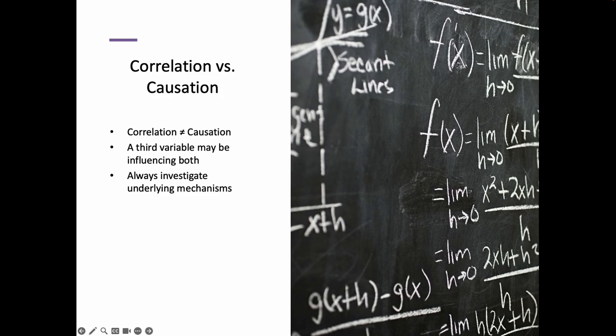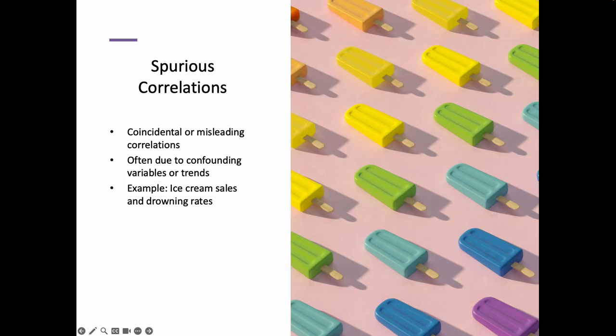For example, ice cream sales and crime rates might be positively correlated, but it is more likely that a third variable, like temperature, influences both. It is essential to always investigate the underlying mechanisms and potential confounding variables before drawing causal conclusions from correlations.